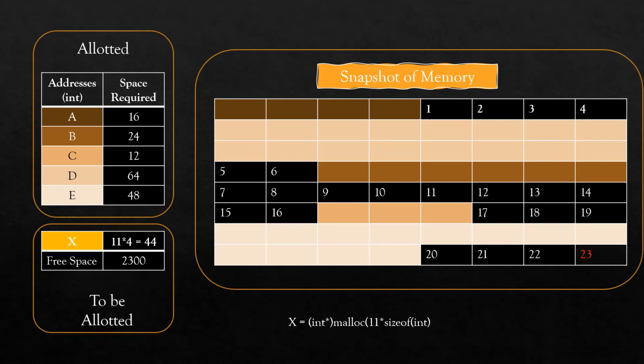Now, assume that we need another list called X and it requires 11 blocks or 11 elements. To store 11 elements, which are integers, it requires 11 into 4, which is equal to 44 bytes. And so, when we use a malloc statement, it is going to look for 11 blocks.